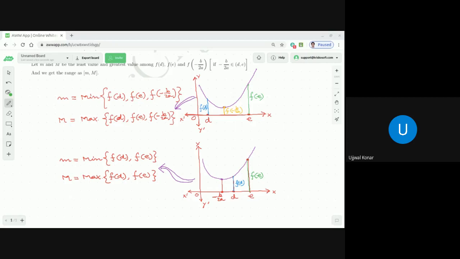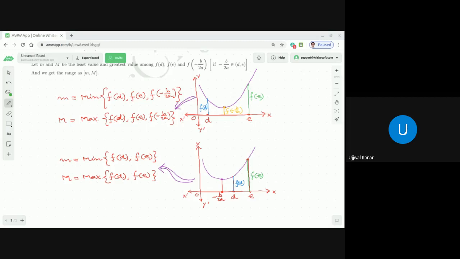Now, what we are going to discuss is the condition to have positive value of real quadratic expressions. Okay, so that we are going to discuss now. Under what condition we can have the positive value of a real quadratic expression.